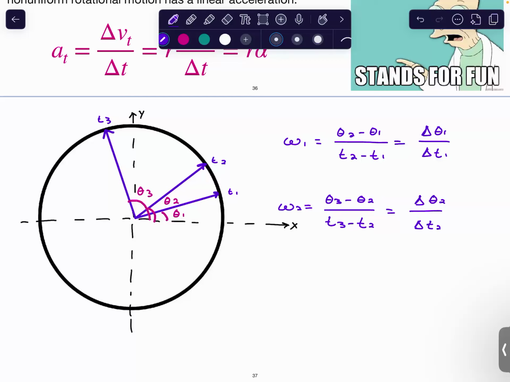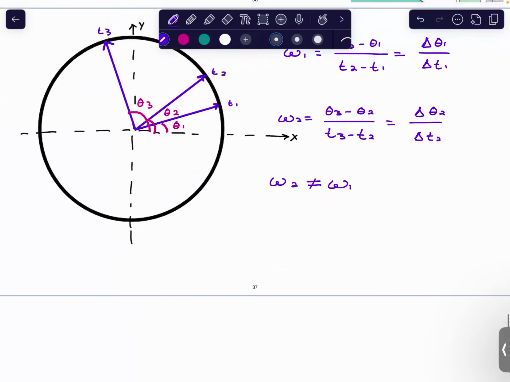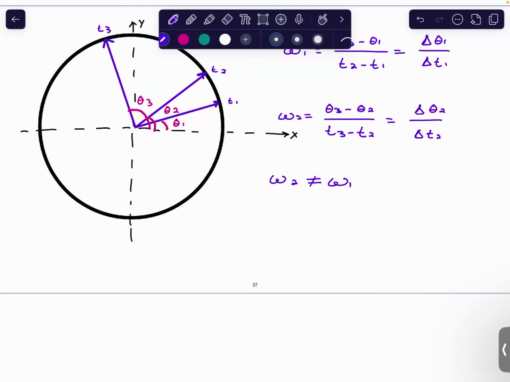And omega 2 does not equal omega 1. These angular velocities are different. So what we know then is we have an acceleration alpha, and that's going to be omega 2 minus omega 1.